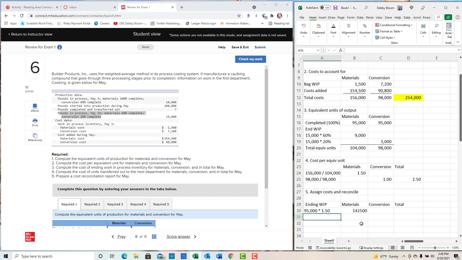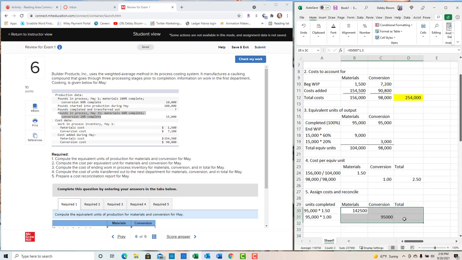I'm sorry, this should be the units completed, not the ending work in process. Then in conversion costs, 95,000 units in the units completed, and our conversion costs cost $1. So for the conversion costs, we take 95,000, we multiply that by $1, and of course we get 95,000.